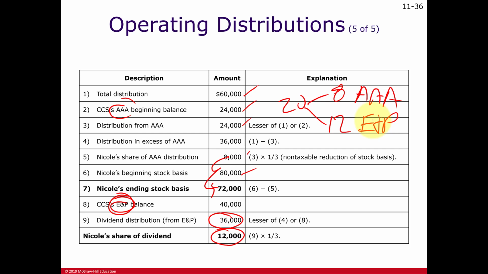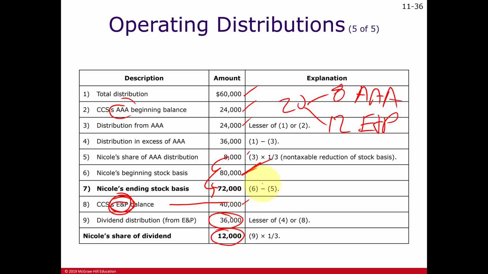Now, if all of the retained earnings and profits eventually get used up, only then you start to use up the rest of Nicole's stock basis as tax-free distributions. But you've got to get rid of this earnings and profits balance.